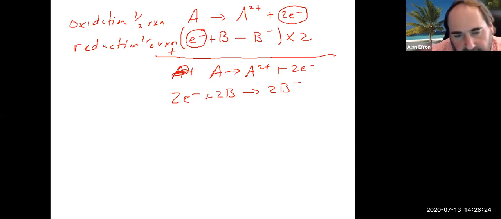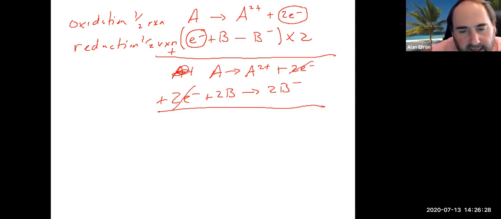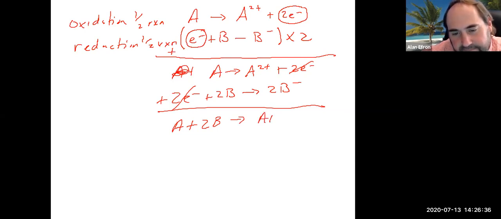And if we added this all together at this point, now our electrons would cancel and we'll be left with whatever I made up here in this particular case. And in this case, again, this would be our overall reaction and our half reaction. So in a basic, just simple redox reaction, that's essentially the only thing that you have to worry about.